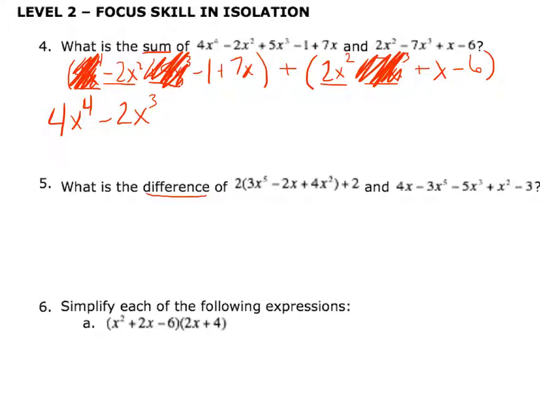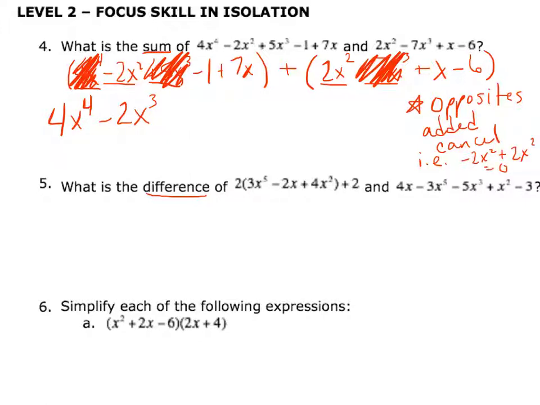So if you have opposites and you're adding them, they cancel. For example, negative 2x squared plus 2x squared. That's going to be like 0, which you don't have to write. So those cancel each other out.